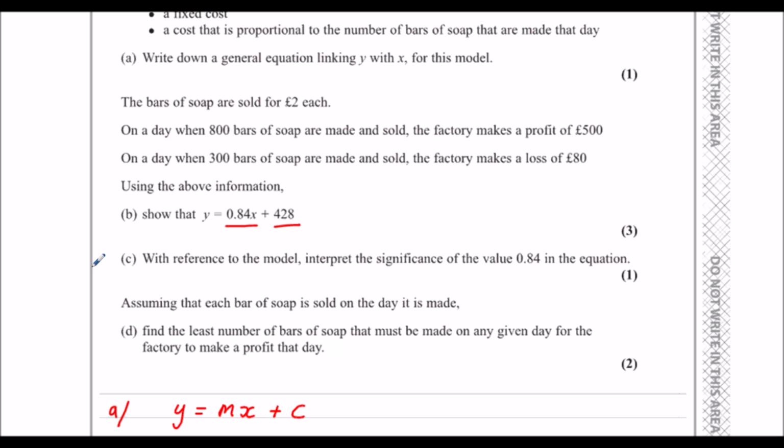With reference to the model, interpret the significance of the value 0.84 in the equation. So that is the cost that is proportional to the number of bars of soap made that day. So that's the variable part of the cost of producing 1 bar of soap.